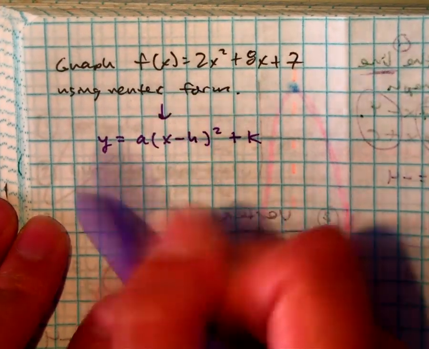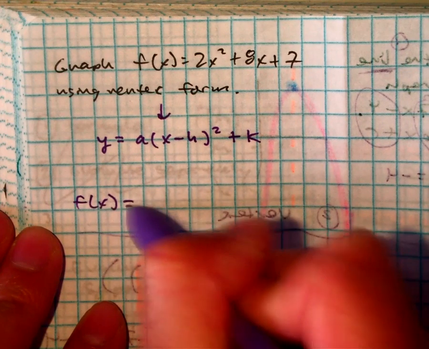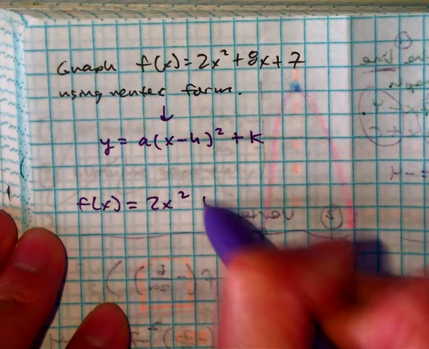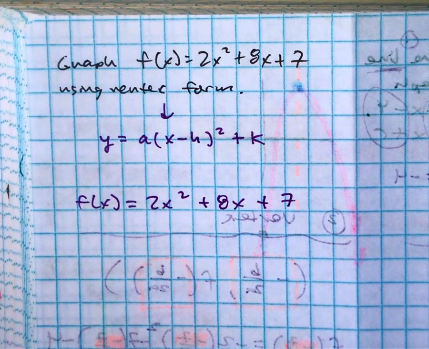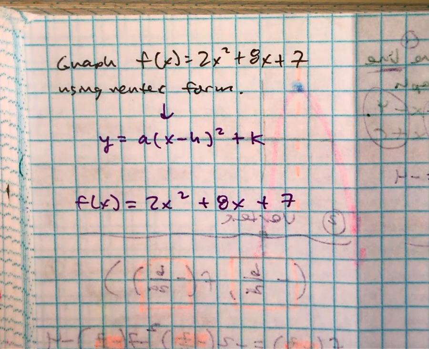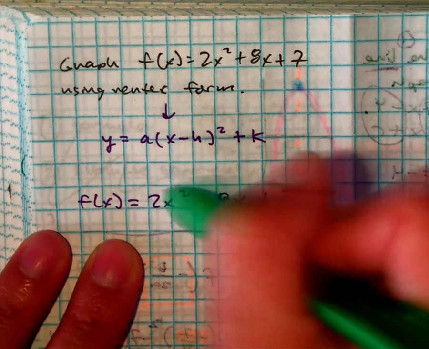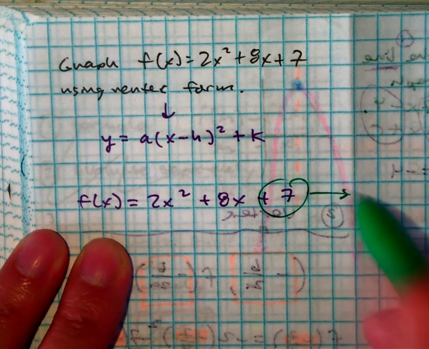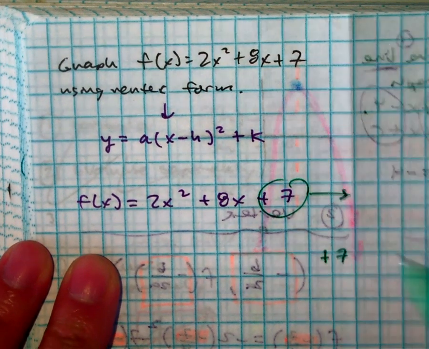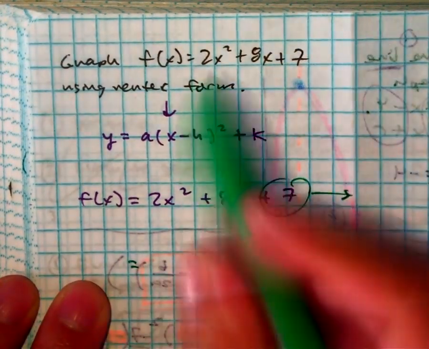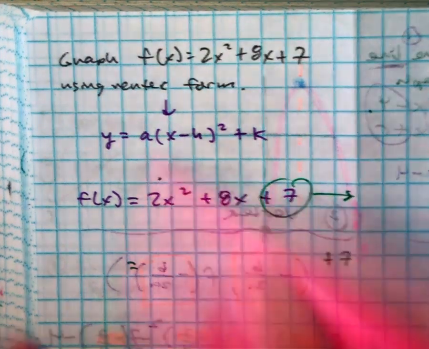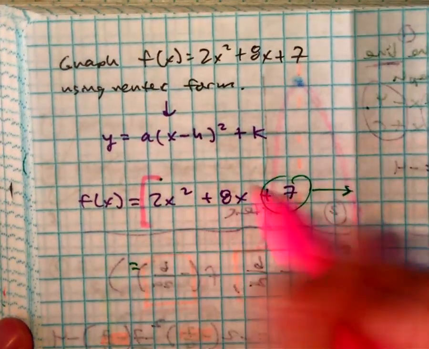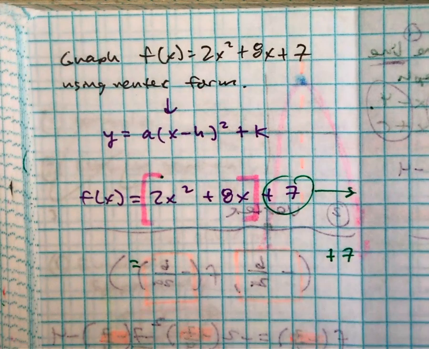So if I take this function here, f of x equals 2x squared plus 8x plus 7. The first thing I'm going to do is move that 7 way over here, so I have this plus 7. And then I'm going to factor out a 2.